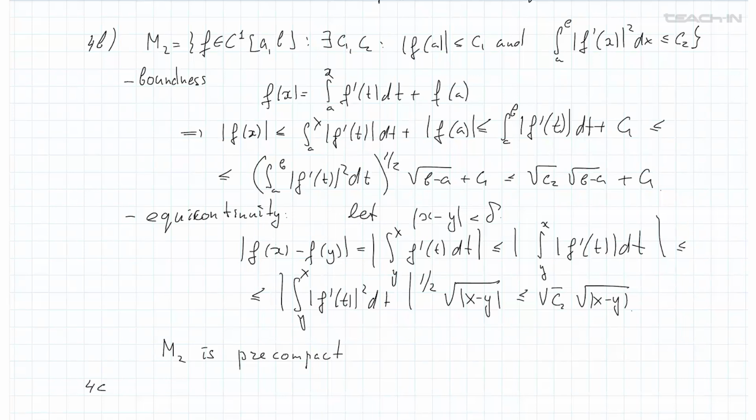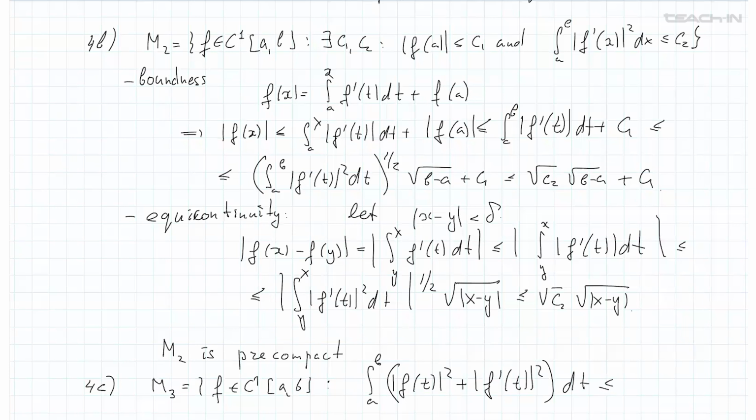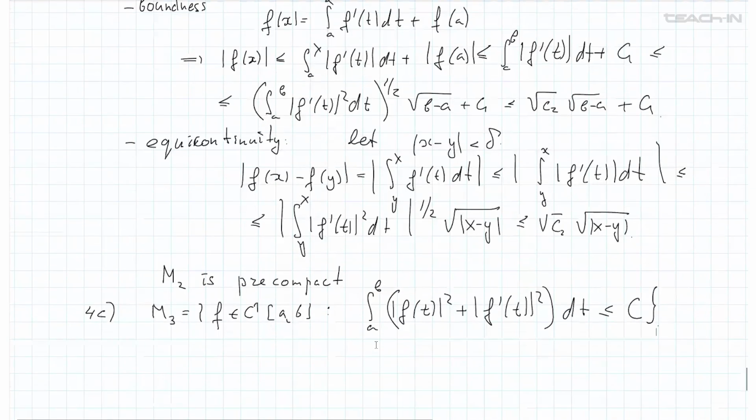And for C, the set M3 is a set of functions from C1[a, b] such that the so-called ellipsoid in the space of continuous functions, with the integral of p(t) less than C, shows that M3 lies in M2 for some constants C1 and C2.